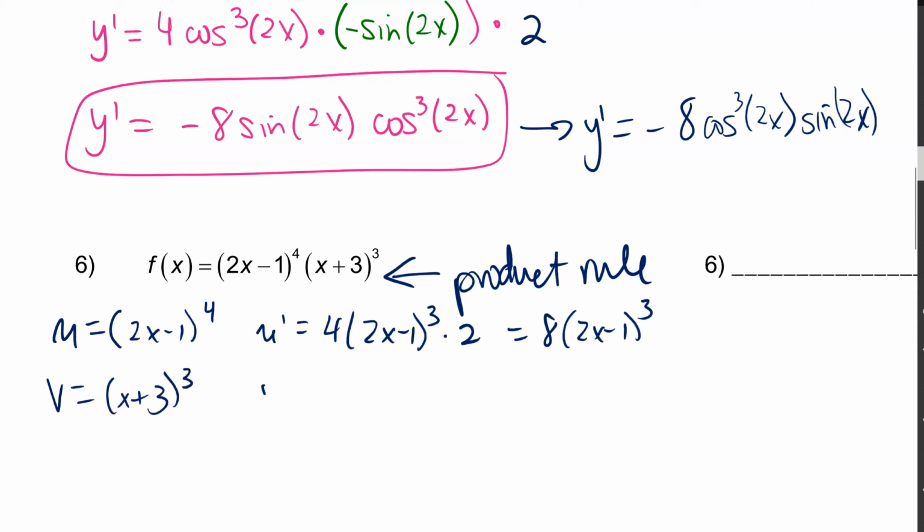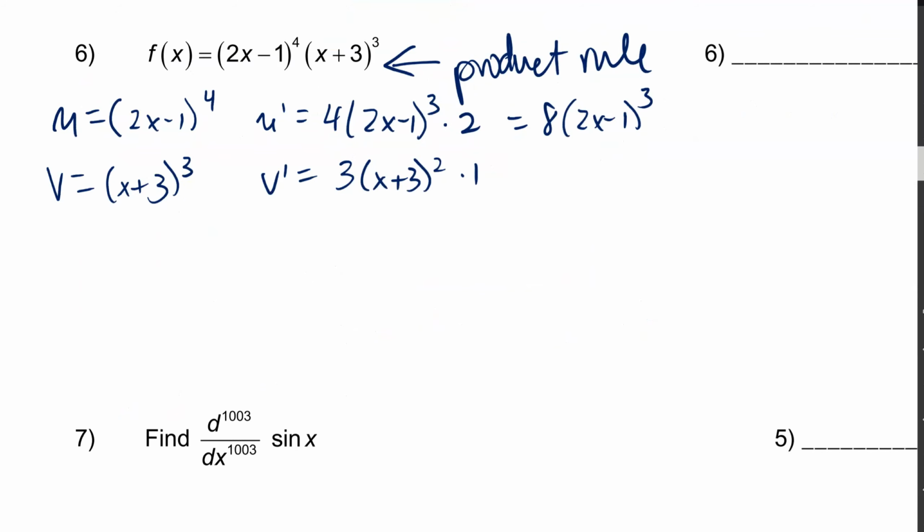The derivative of v is 3 times x plus 3 squared times 4. So that's fine. Cool. And then you're going to do u times v prime, 3 times x plus 3.